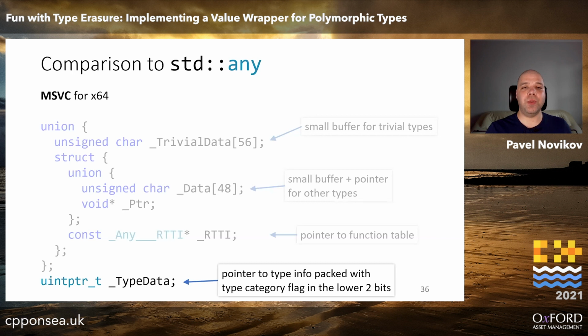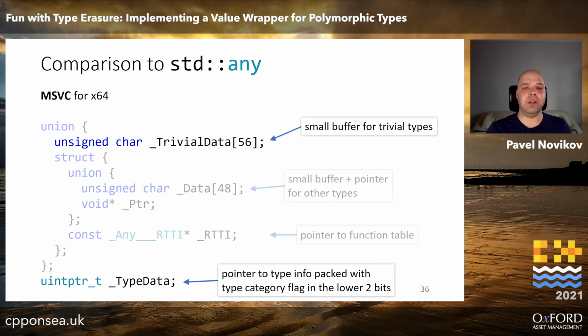So let's compare what we got to the any implementations across standard libraries. In MSVC, we have a pointer to type info, in whose lower 2 bits they pack a flag which tells which type of object is contained in this instance.